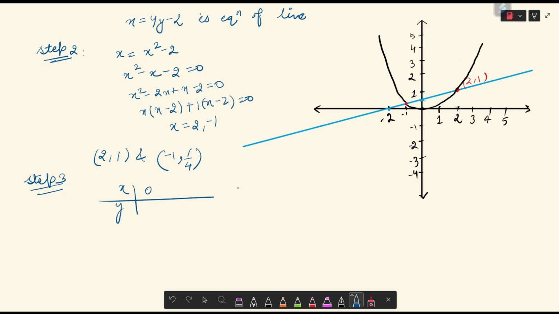At x is equals to 0, it will be 1 by 2, and at y is equals to 0, it will be x is minus 2. So these are the points 0, 1 by 2, this point, and then minus 2, 0, this point. Okay, this will lead us to draw the line.